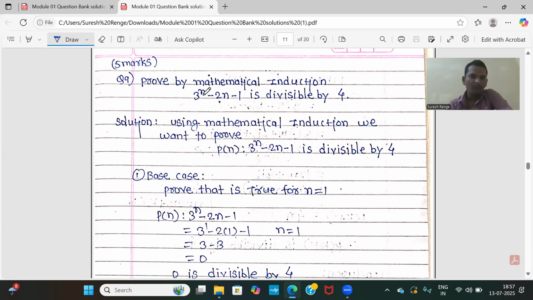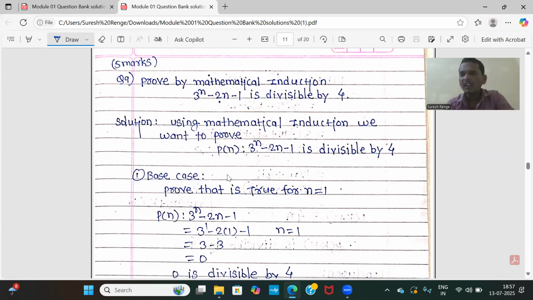By using mathematical induction, we want to show that this formula is true for all natural numbers, meaning for all values of n. Using mathematical induction, we want to prove P of n, 3 raised to power n minus 2n minus 1, is divisible by 4.